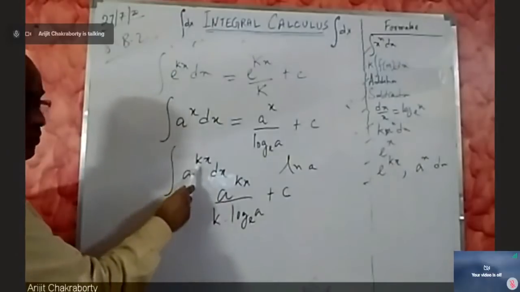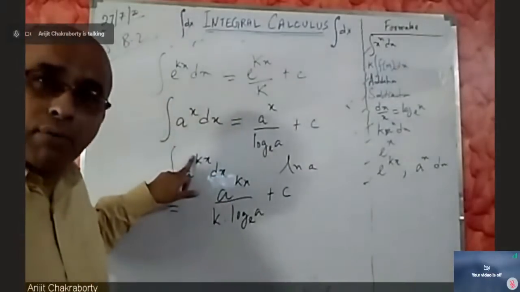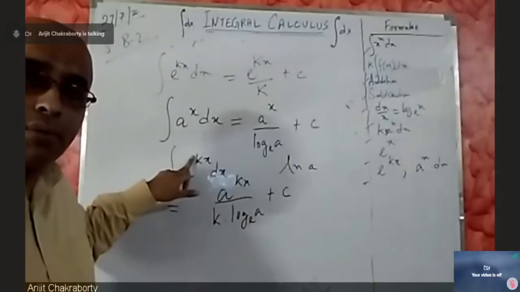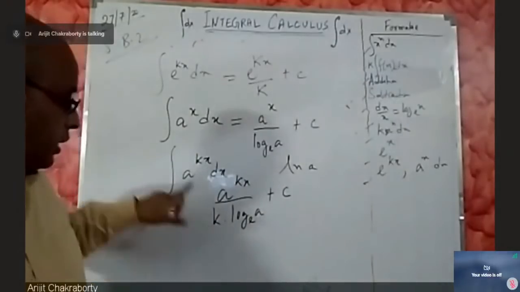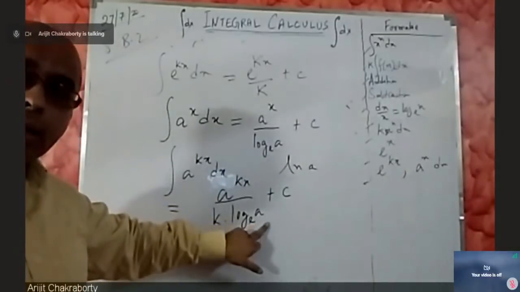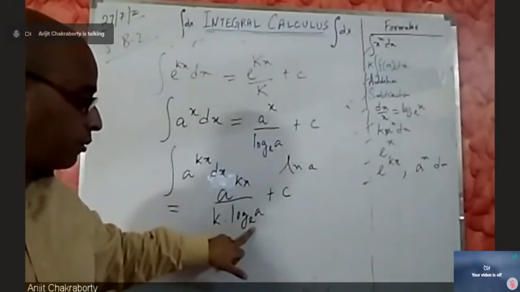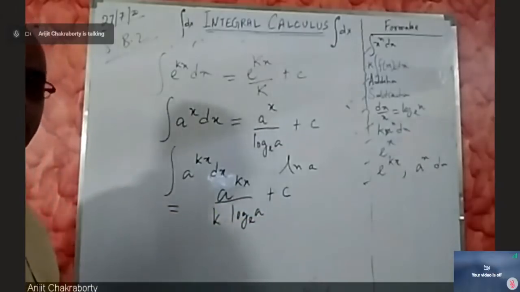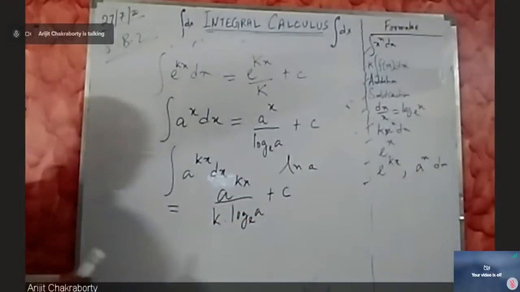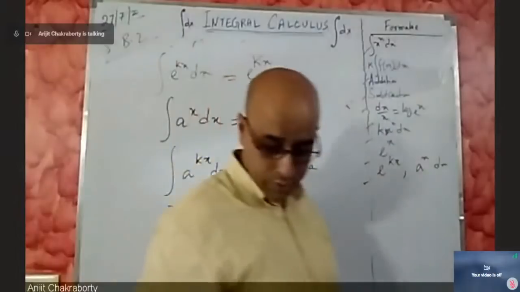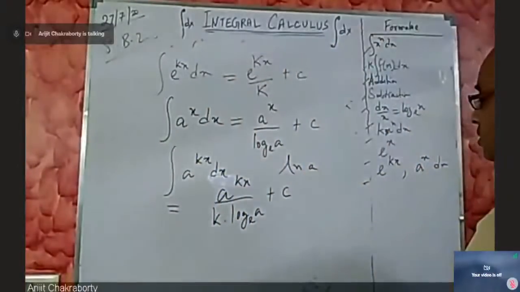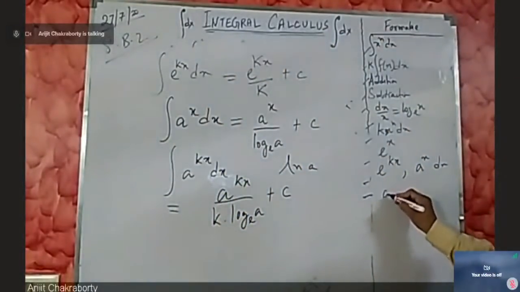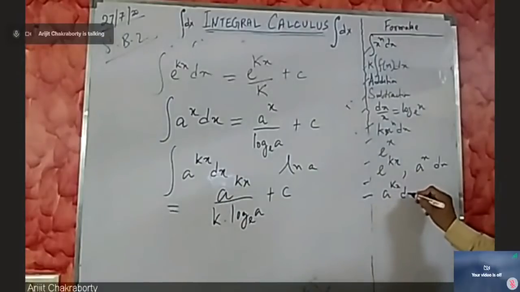The k which you see in the power kx comes down. And a becomes log a, but this is a natural log to the base e, plus the constant of integration c. So these three are very important formulas, and I would request you to add them to your notebook as well. So we have done a to the power kx dx.